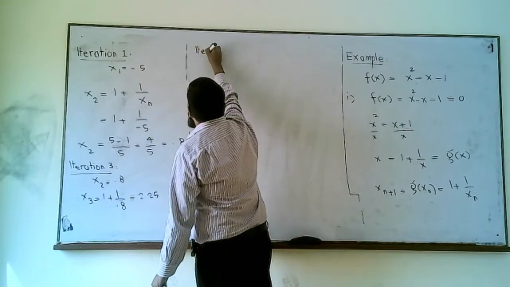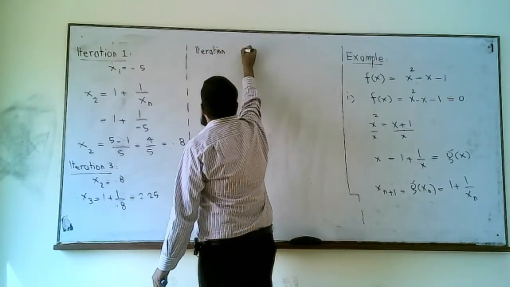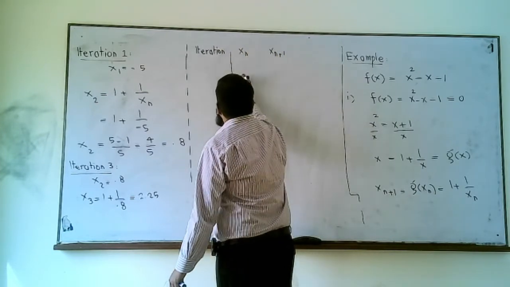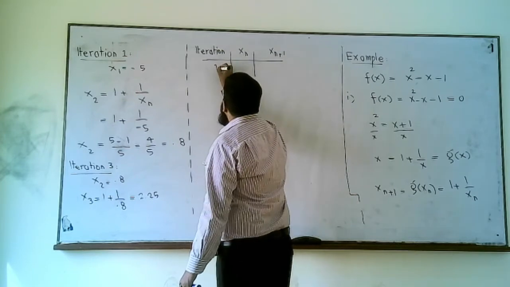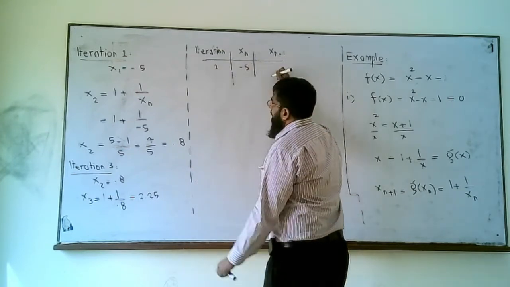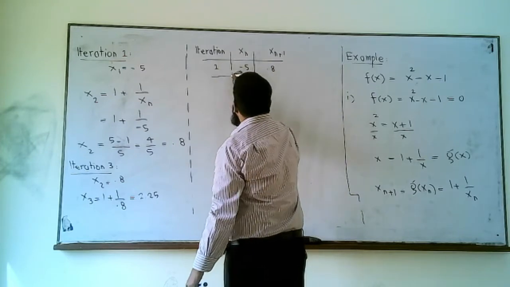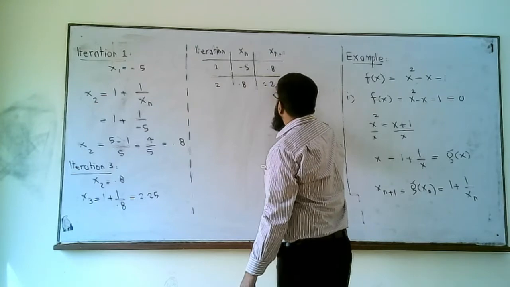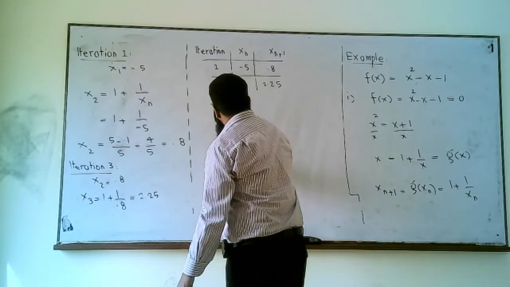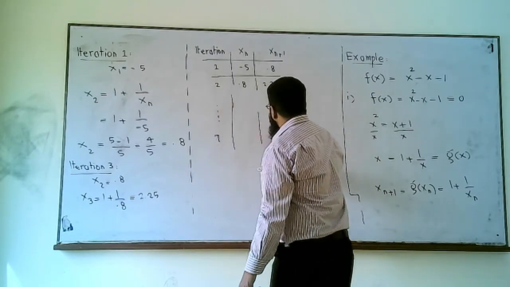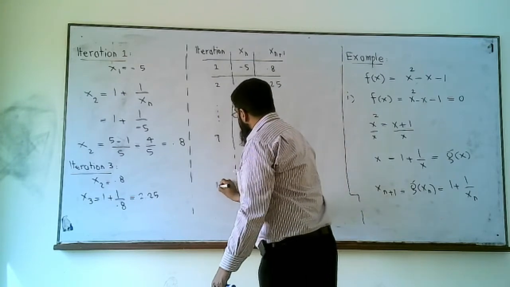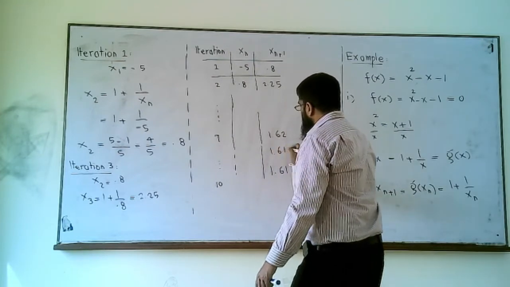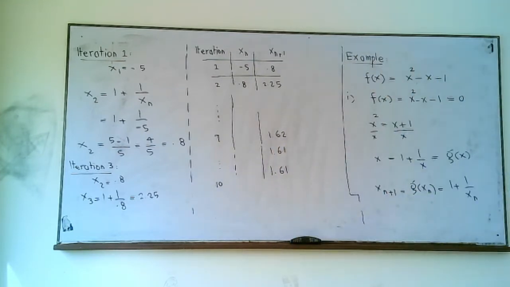So the output is like this: iteration number 1, x sub n plus 1. When we start, this is -5 and this is 0.8, and at iteration number 2 we start with 0.8 and get 2.25, and at iteration number 7 this becomes 1.62, and at iteration number 8 this is 1.61, and at iteration number 9 it's also 1.61.